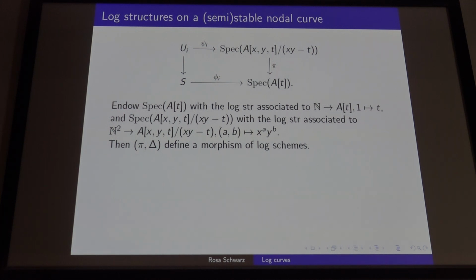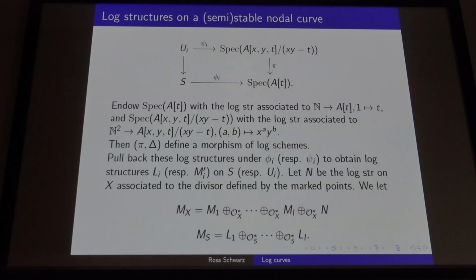We give the spectrum of A[T] the log structure by sending the monoid N to A[T], defined by 1 goes to T. And also the other ring, we give the logical log structure by sending N squared to it, so (a, b) to x to the power a, y to the power b. And then together with the morphism pi, the map delta, so the diagonal map of N to N squared, will define a morphism of log schemes.